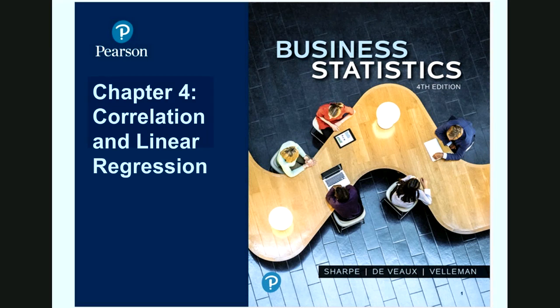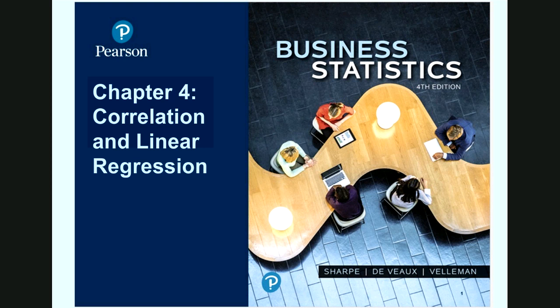So in the last few chapters, we talked about how to organize qualitative data and display it as a bar chart or a pie chart. Then we talked about how to organize quantitative data, either the frequency distribution table or the cumulative frequency distribution table, and display it as a histogram or a polygon or an ogive.